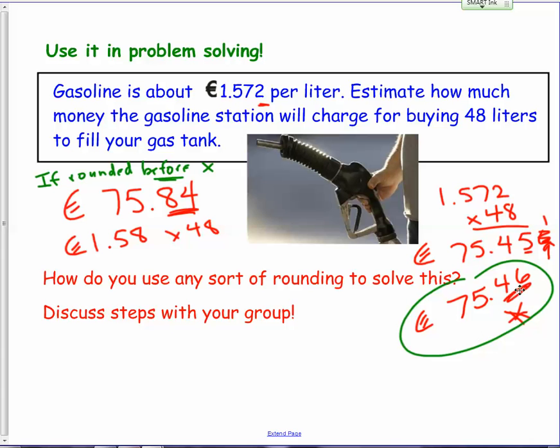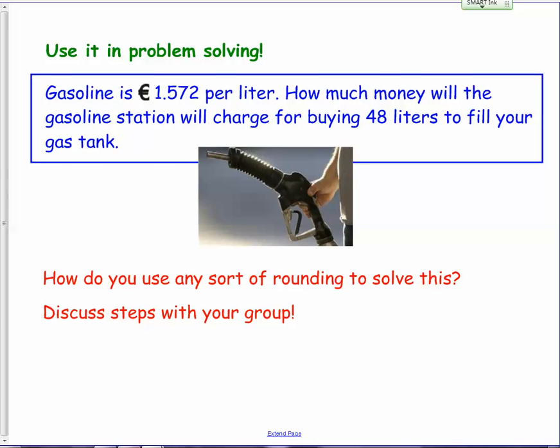So notice the difference here. If you round off before you multiply, you get less and less accurate because we did that rounded off part 48 times. So really, since you can calculate this exact number times 48 and then round off your answer, this is going to be a more accurate answer for finding out how much you have to pay for that gas. Okay, we had that twice.